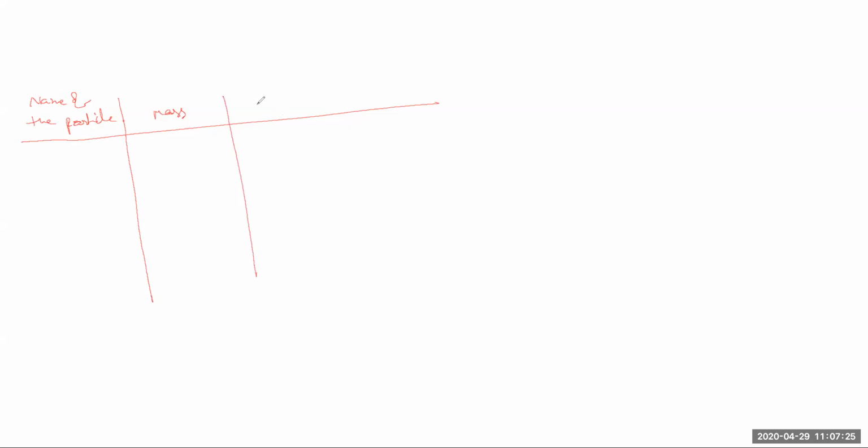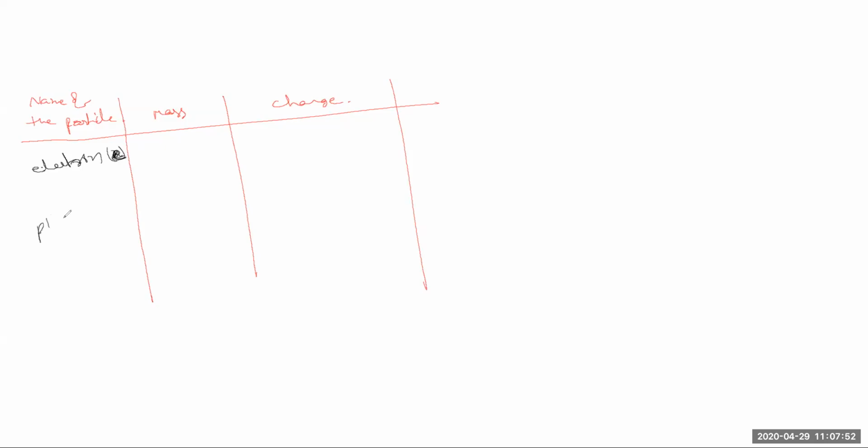Relative mass, mass and charge. Take now the electron. The symbol is e, small e.